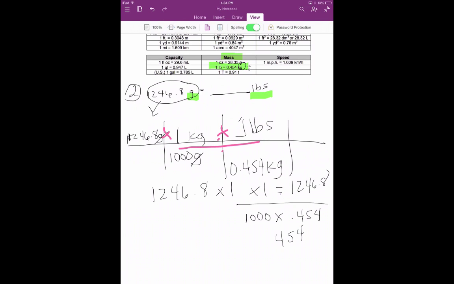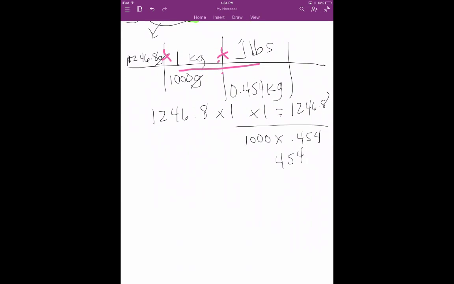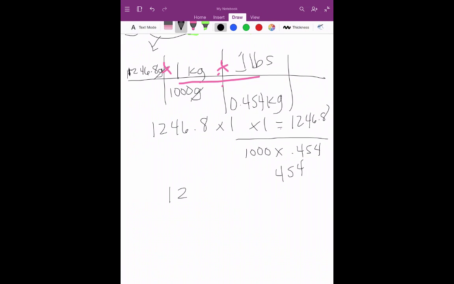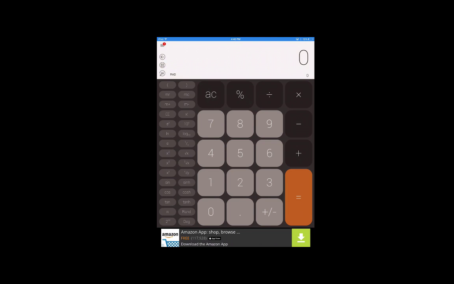So we have 1246.8 divided by 454. Plugging that into our calculator, 1246.8 divided by 454 equals 2.75.